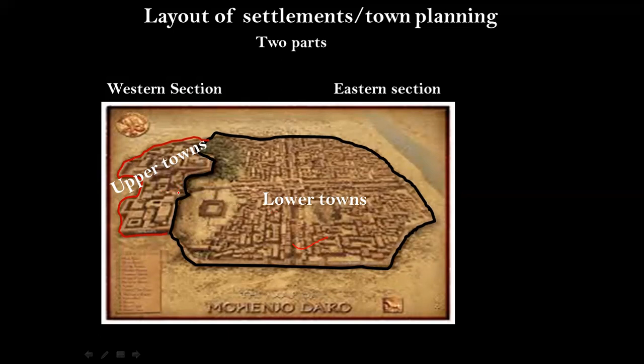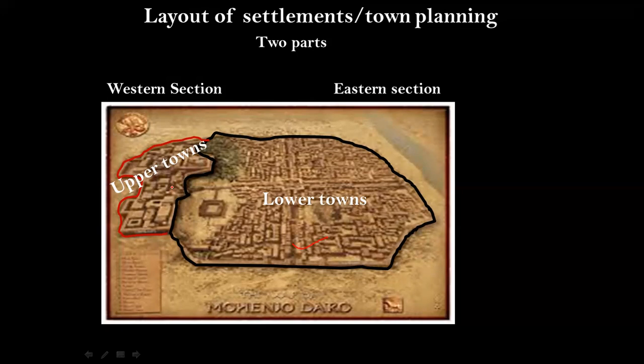So even at times when foreign invaders or enemies invaded the eastern section, the people would take the upper town, which is properly fortified with huge walls, as a protection place or defensive place to hide. That is an assumption given by the historians or the archaeologists.